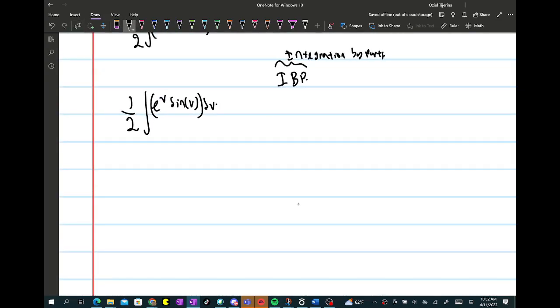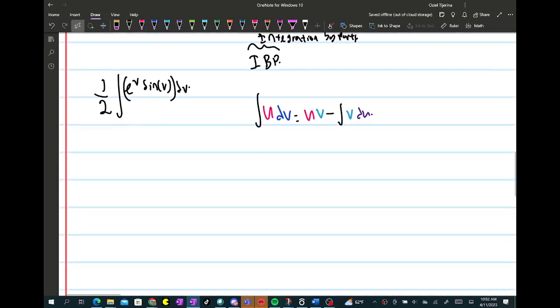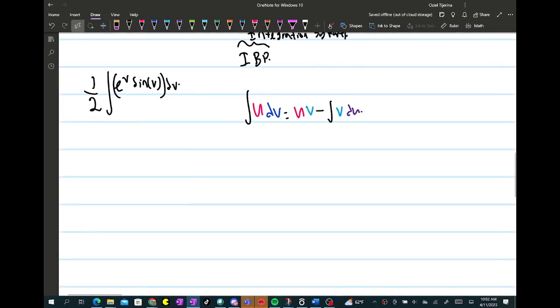The integral of u dv is u v minus the integral of v du. However, because we already used u and v, we're not going to use those variables.